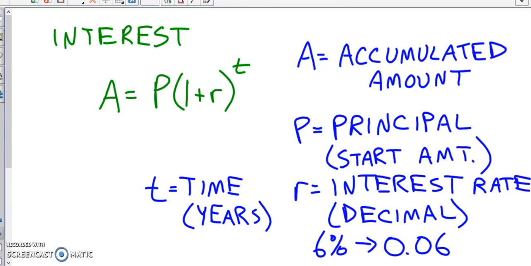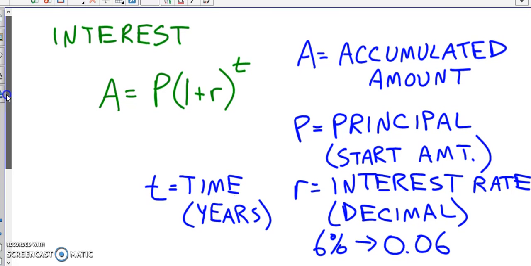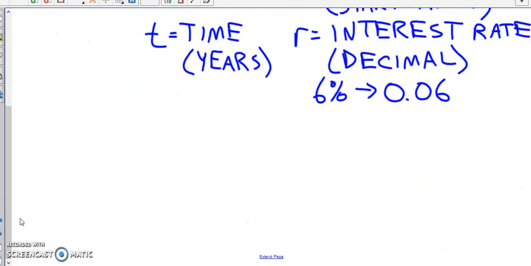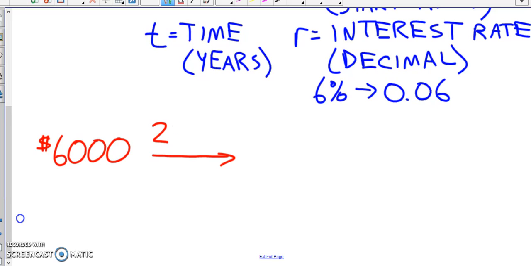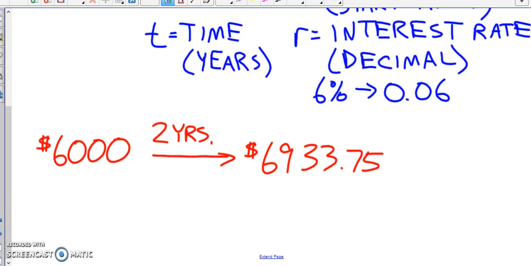Okay. So let's say that we start off with $6,000. And let's say that after 2 years' time, that $6,000 grows to $6,933.75.